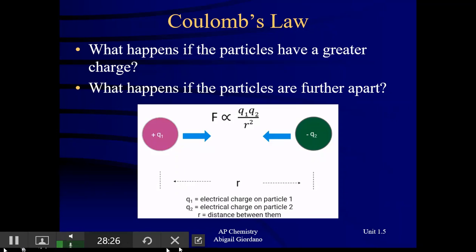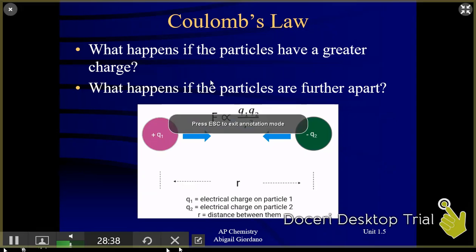So we have these 2 oppositely charged particles, and the first question says, what happens if the particles have greater charge?